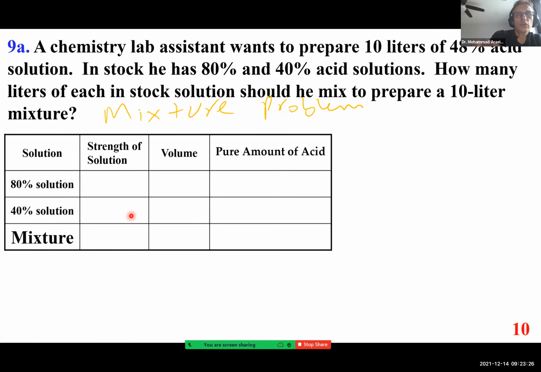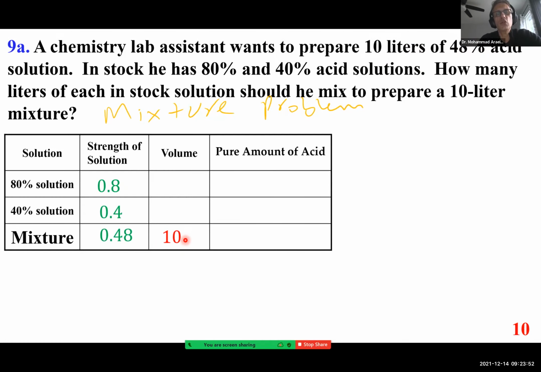All we have to do, plug in the info. So 80% solution, 0.8, 40% solution, 0.4, and we want 10 liters of a mixture, which is 48%. So this is 48% or 0.48, and the volume must be 10 liters.